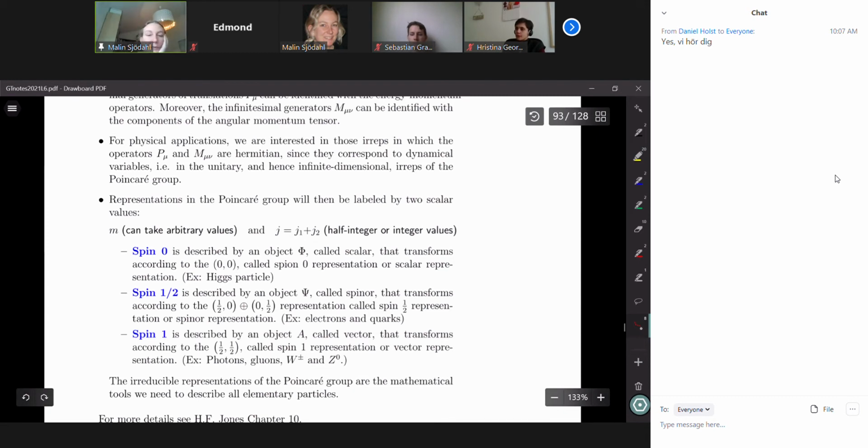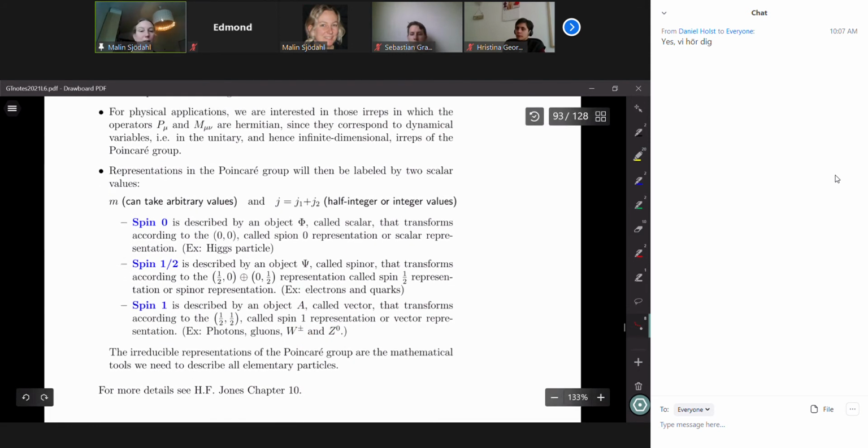This spin 1 representation is also used for the strong cousins, the gluons, and for the W plus minus and Z coming from the weak force. And this brings me exactly to where I wanted to end.